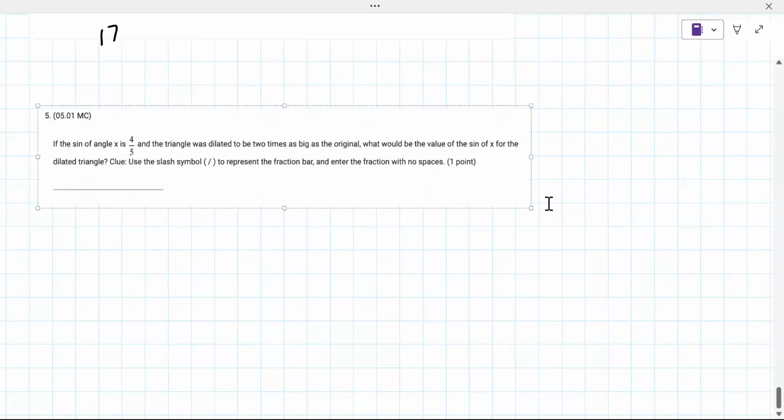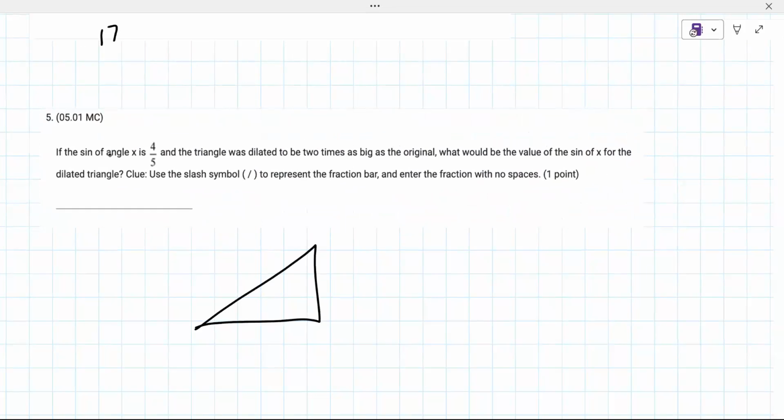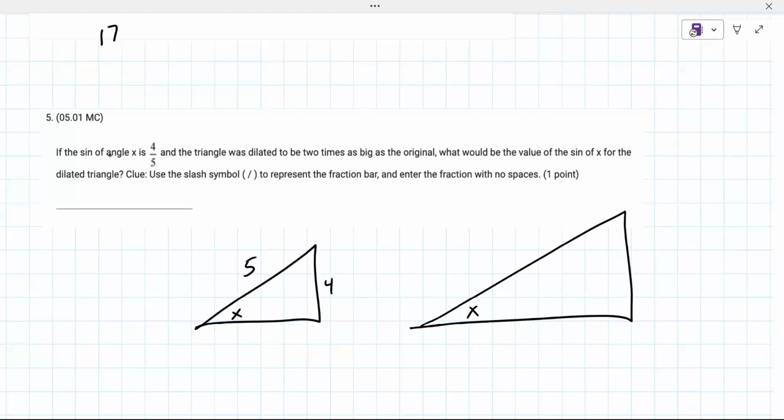If the sine of angle X is 4/5, and the triangle is dilated to be 2 times as big as the original, what would be the value of sine X for the dilated triangle? Let me draw a triangle. There's X, that's 4/5. They're saying it's now 8 and 10.